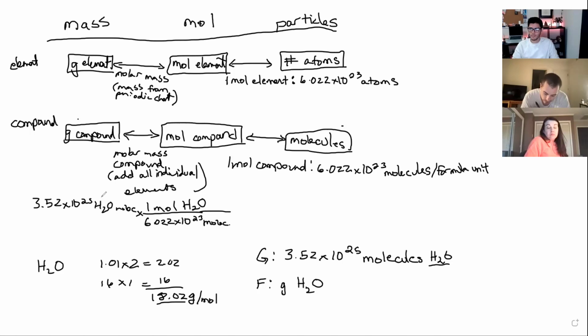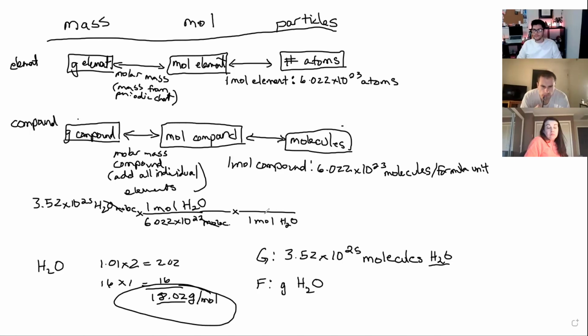Now that I'm in moles of water and the molecules have canceled, I want to get into grams. So this is where we use our molar mass, which we had calculated just the step before. All right. If mole is on top here, I'm going to put the mole portion of this on the bottom. So the 1 mole goes on the bottom. And how much does 1 mole of water weigh?